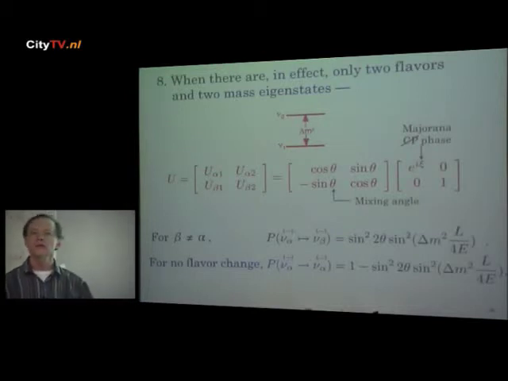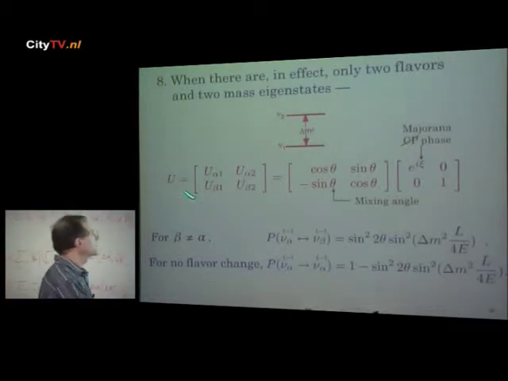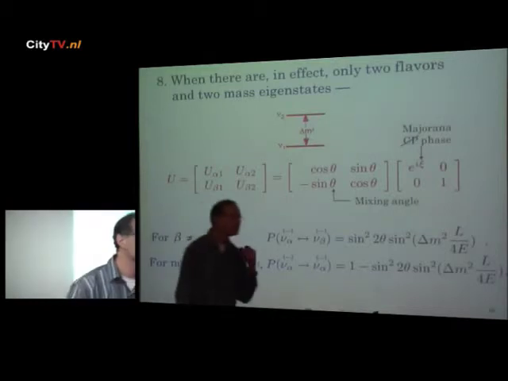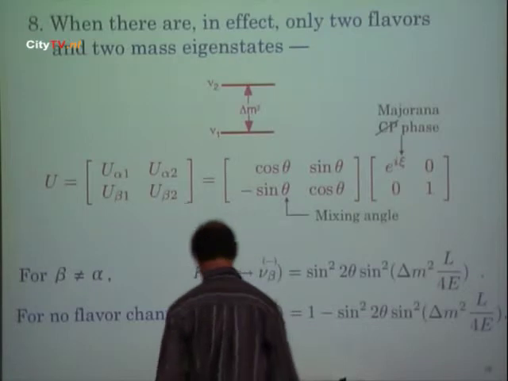And 2 flavored neutrinos, call them nu alpha, nu beta, made up out of nu1, nu2 by this quantum superposition. When you do that, the mixing matrix becomes just a 2 by 2 matrix. It's not really unitary because the real matrix is bigger, but to a good approximation it might be unitary.